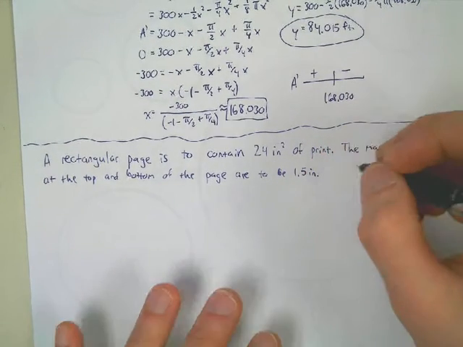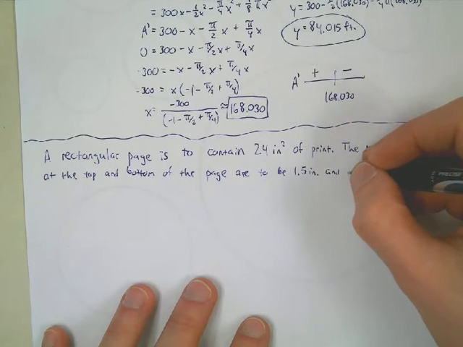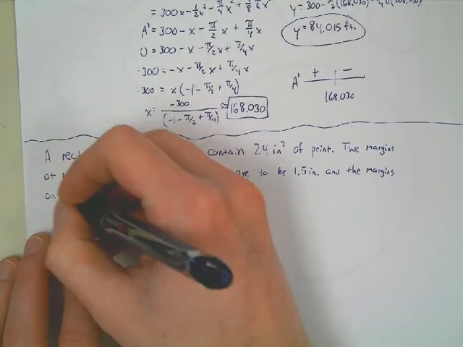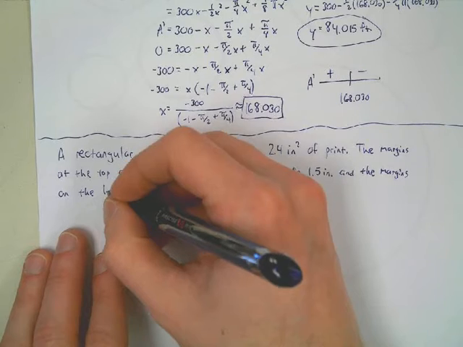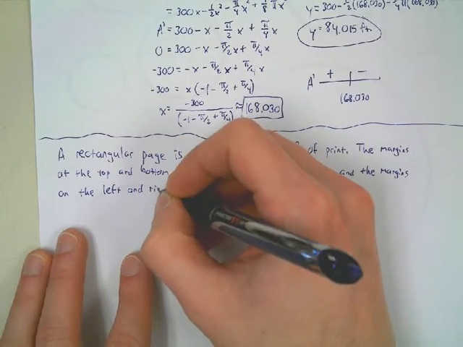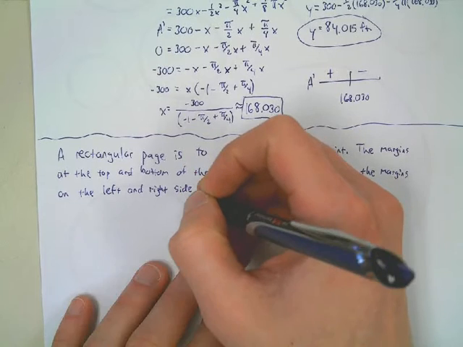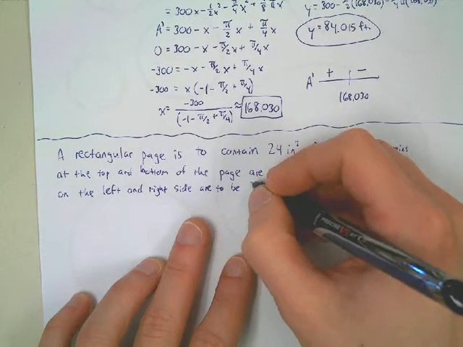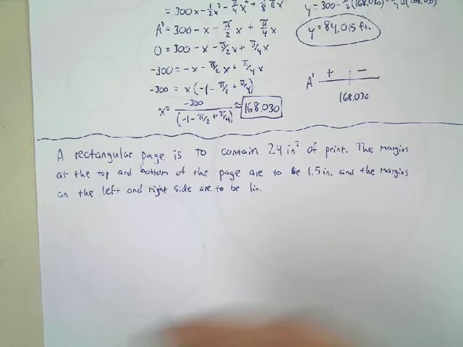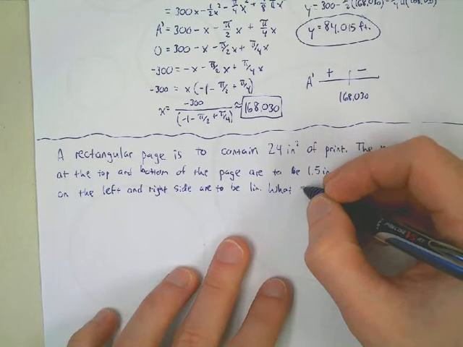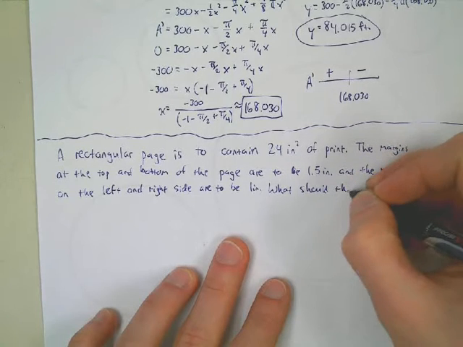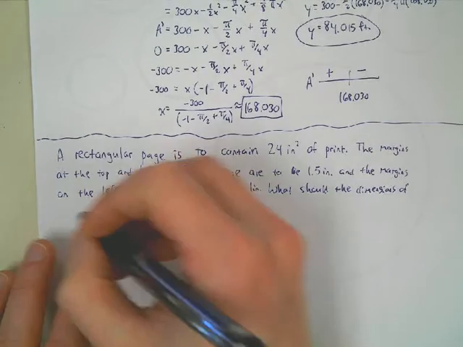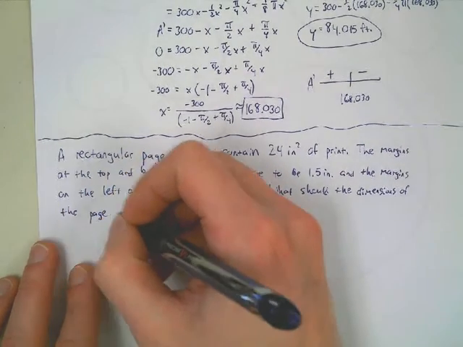And the margins on the left and right side are to be 1 inch. What should the dimensions of the page be so that the least amount of paper is used.